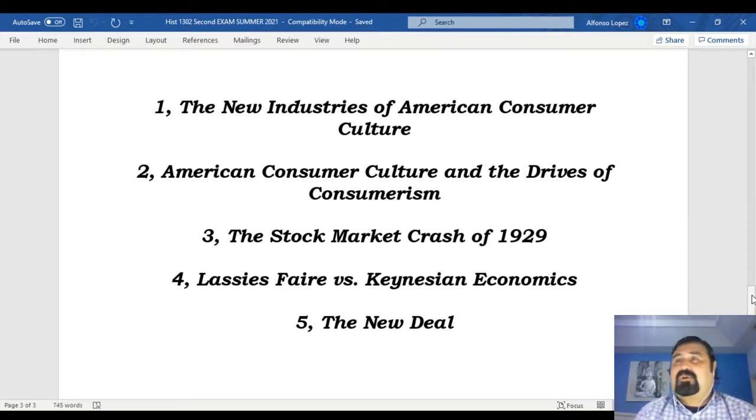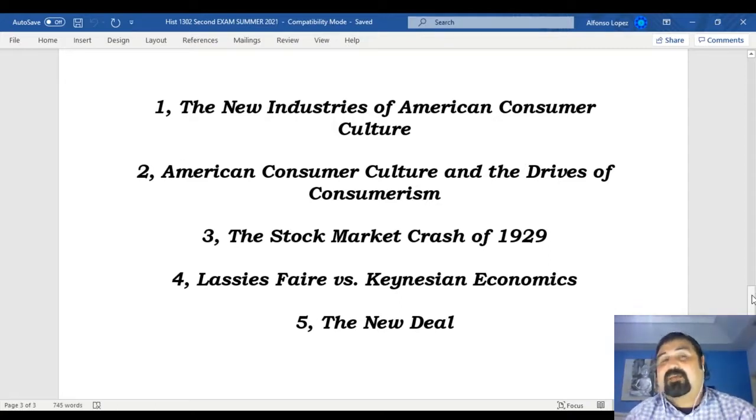There was like a consumption spell, if you will, because there were new consumer goods that were not present in the United States before. There were things like automobiles, for example. People were spending on automobiles. Of course, there was an automobile industry. This is something that Americans were buying by the millions, by the way. Millions of automobiles were purchased during the first decades of the 20th century.